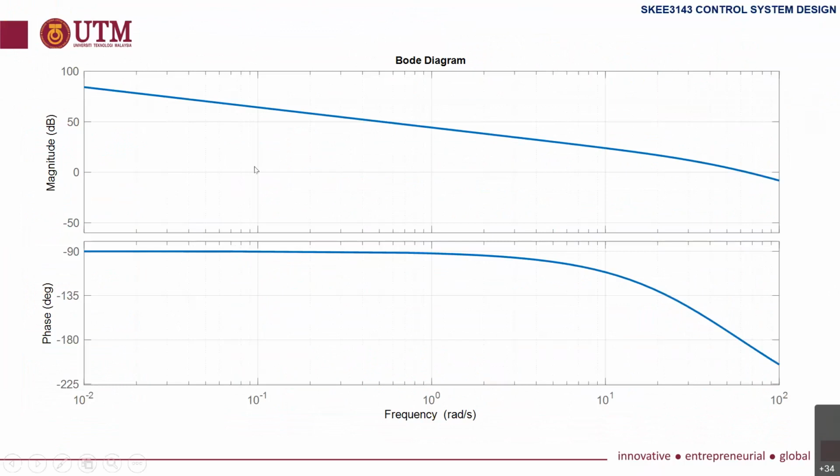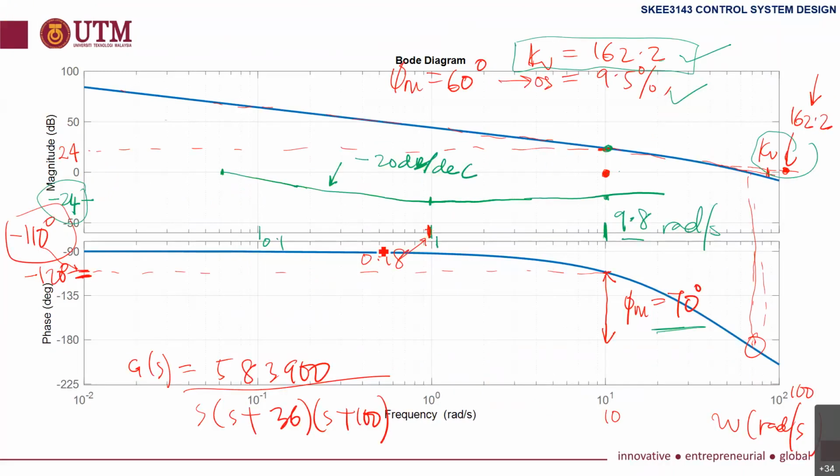If you have a graph paper, this is 1 decade. Let's say this is minus 20 dB. This is a slope of minus 20 dB per decade. 1 decade is reduced by 20 dB. Then you can use this slope to plot this one.